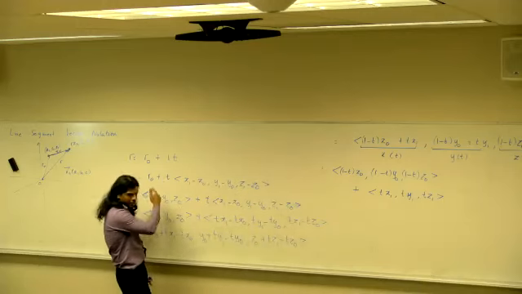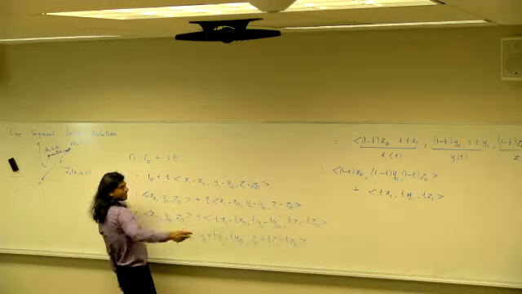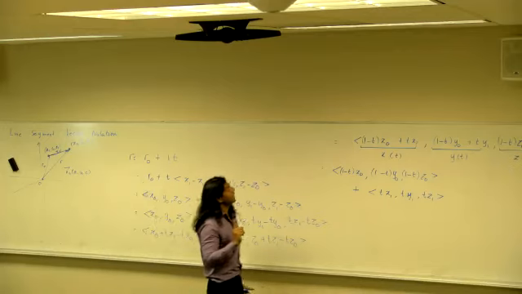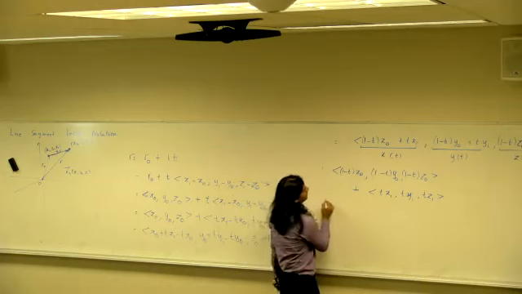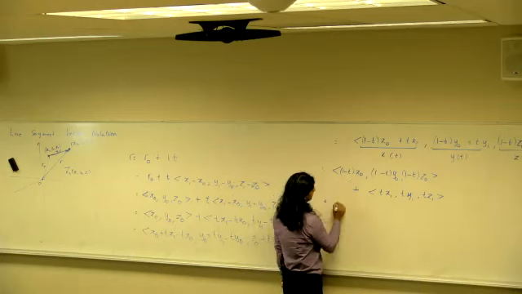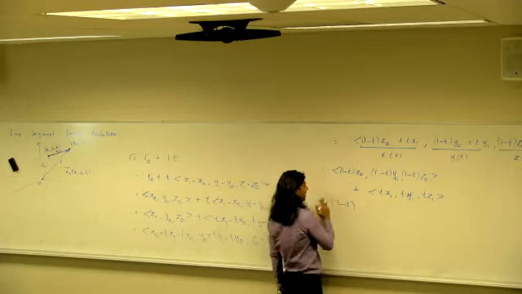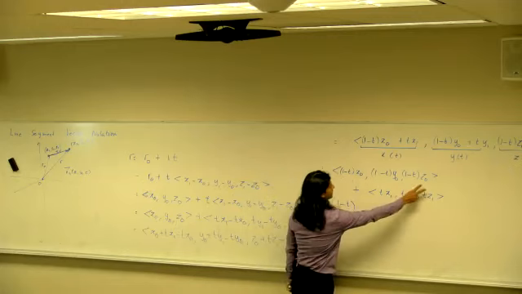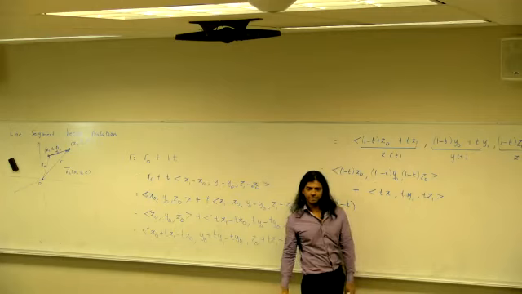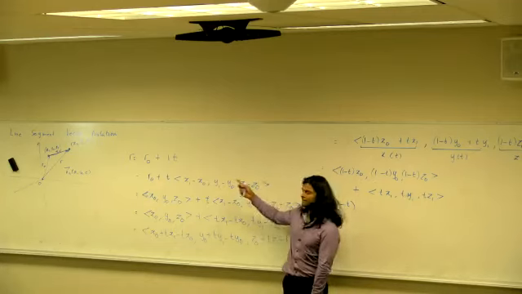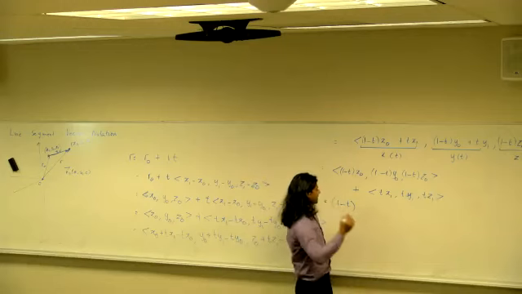I could have written it from here to there just like that. I don't want you to get confused, which is why I didn't skip steps. Here, 1 minus t is the constant. If I took 1 minus t out, I will leave behind x0, y0, z0, correct? But what is the vector x0, y0, z0? It's just R0. That's what I started.